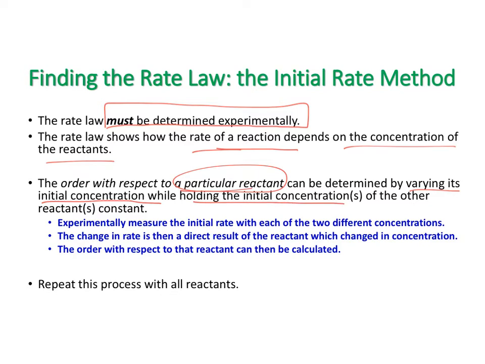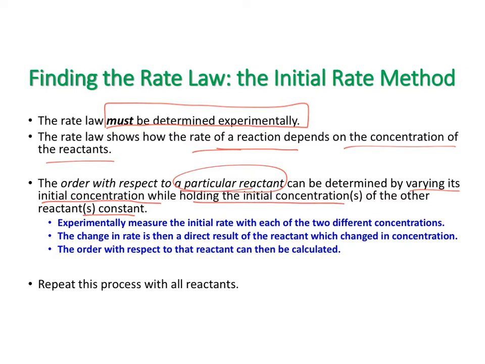Remember how in science, whenever you do experiments, you test one variable at a time, right? You're not going to change every single possible variable and then at the end wonder what exactly changed the result. You can't do that. In the same sense here, we are changing one reactant and holding the other one constant so we can see a change in what it's related to.